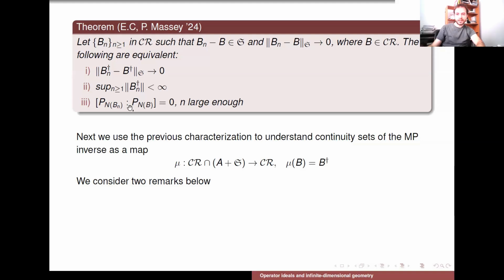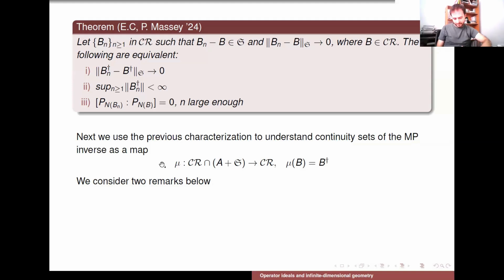And now the last condition is in terms of the index, because of our previous property. When this difference Bn minus B is in the operator ideal, this index is well defined and it can be used to give a characterization of continuity.